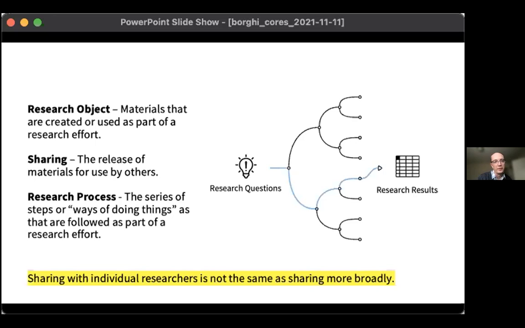But something else that I do want to emphasize is that I'll be talking a lot about research process. And by that, I just mean this series of steps or ways of doing things that are followed as part of a research effort. This is a maybe not so amazing graphic design wise illustration here of a path between your research question and your research results.